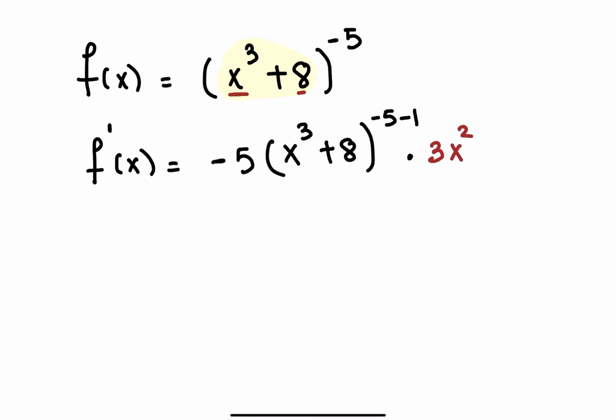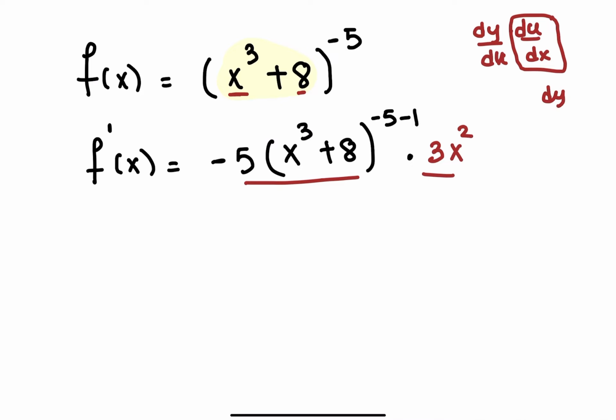So keep in mind what you're doing is you're finding dy by dx as dy by du times du by dx. That's why this extra differentiation is needed. That gives you the derivative of y with respect to x.